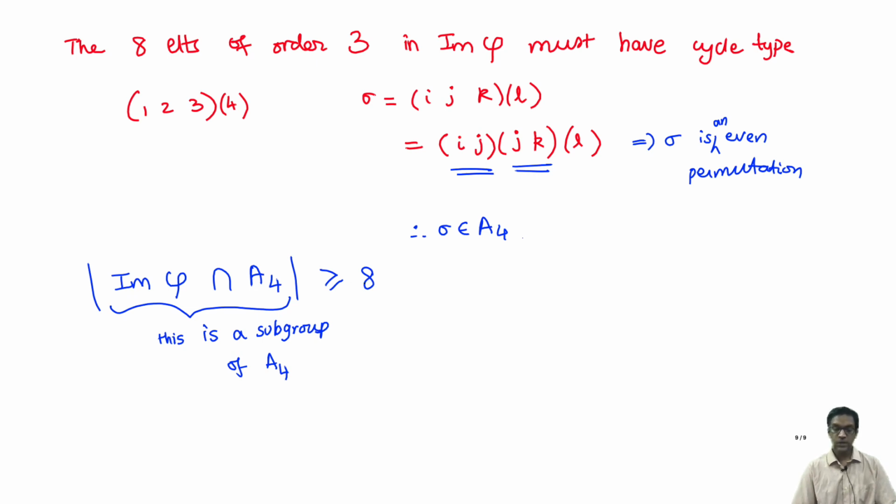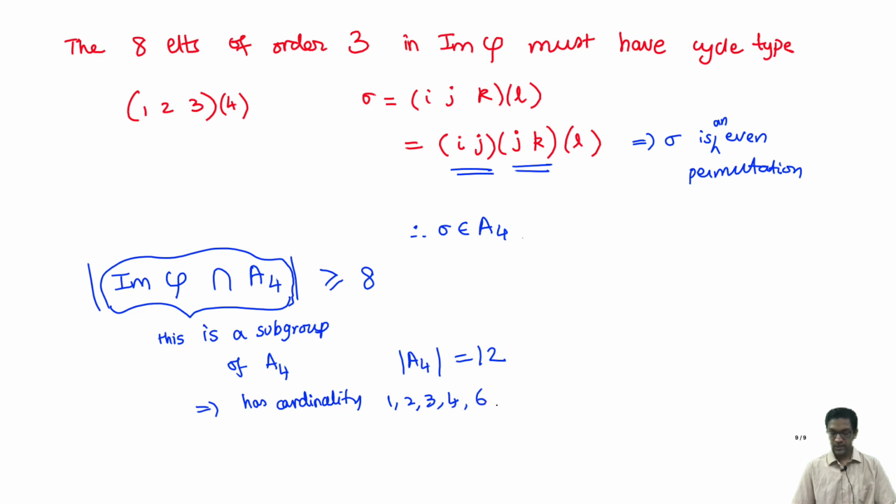It's a subgroup whose cardinality is at least 8. Now observe, A4 has cardinality 12, which means that this subgroup has cardinality which divides 12. So it's 1, 2, 3, 4, 6 or 12.